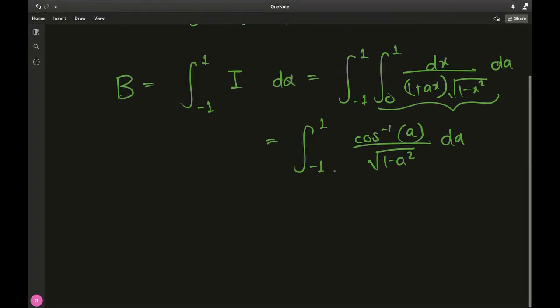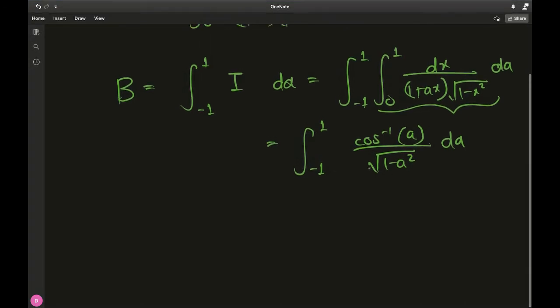So to again evaluate this, notice the denominator is of a standard form, so we can use a standard substitution. So noticing the cosine inverse on top, let a equal, I don't know, cosine of some other angle, I don't know what to call it, beta for now.